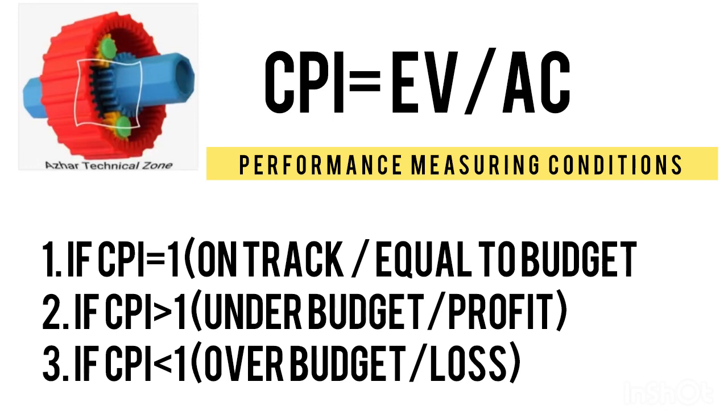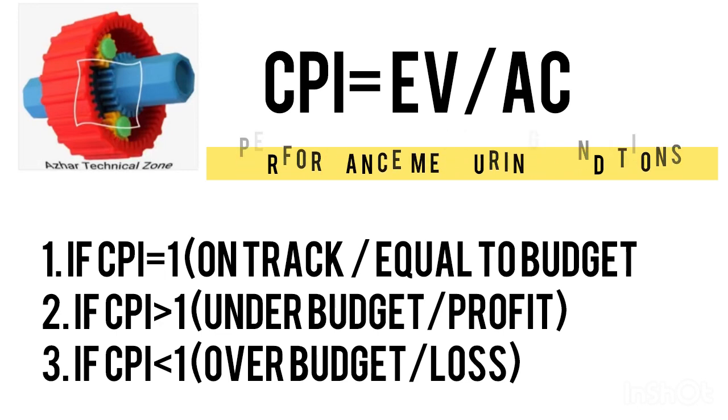As we can see here, the value which we are getting is 0.5. It means it is less than 1. So this one we call over budget.